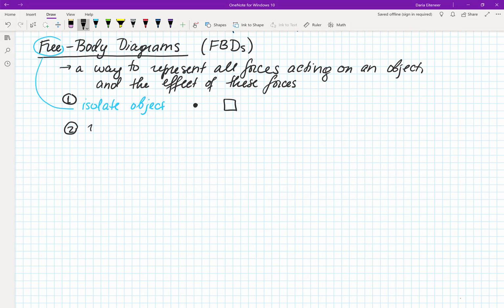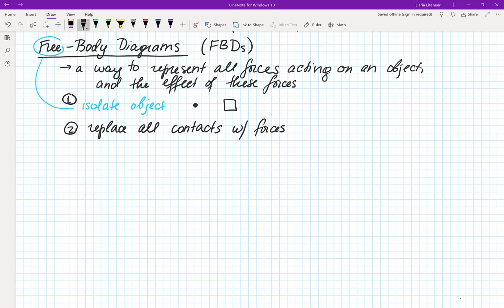This is how I'm going to write it: replace all contacts with forces. Now remember, in this class, at least in the majority of this class, we're talking about contact forces, right? Forces that occur as the result of a physical contact between the objects. And yes, I'll show you a couple of examples here.